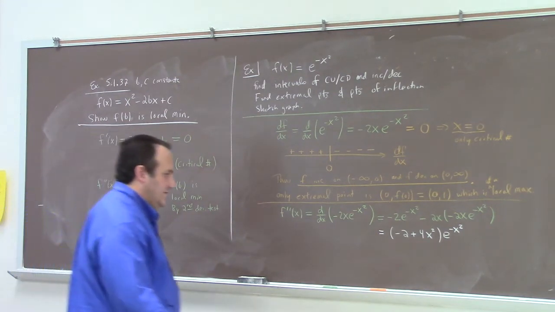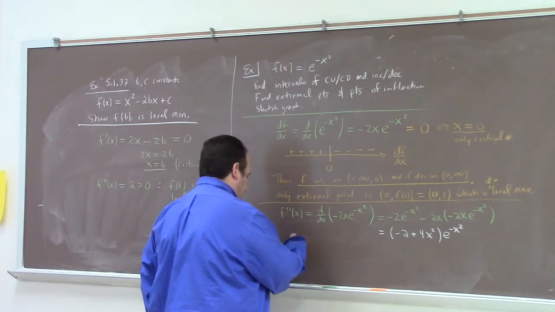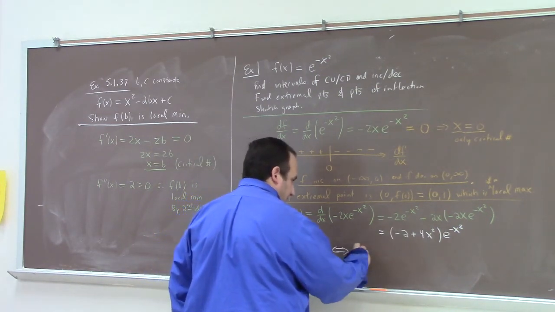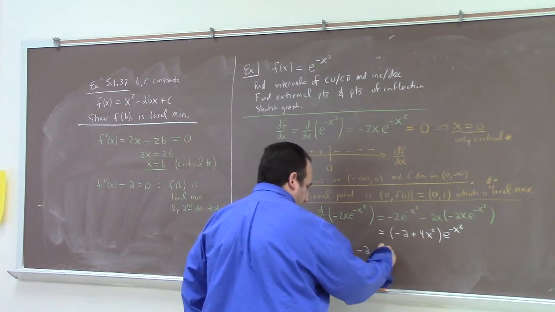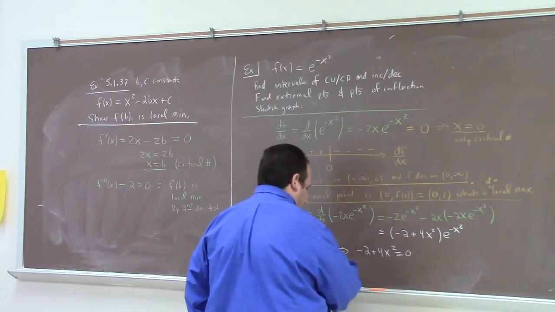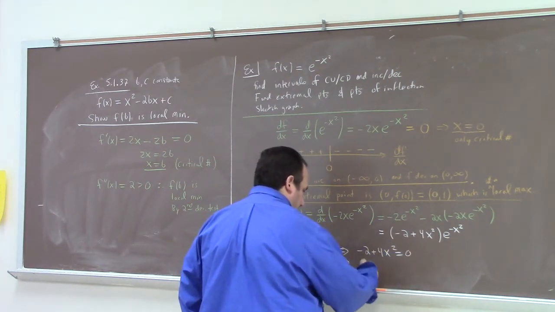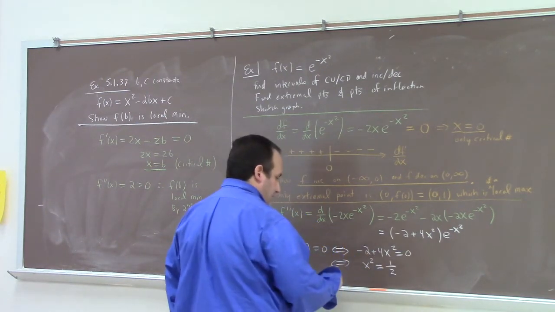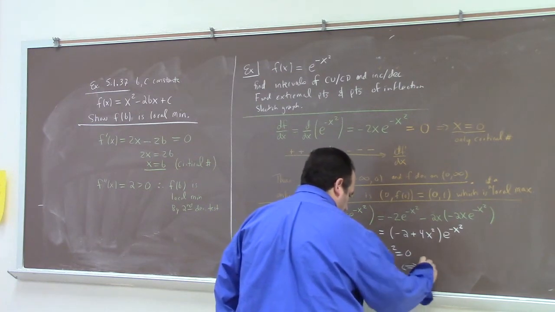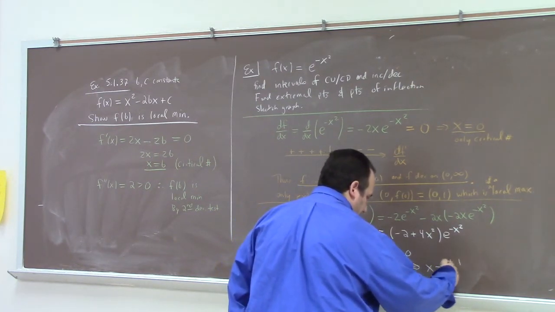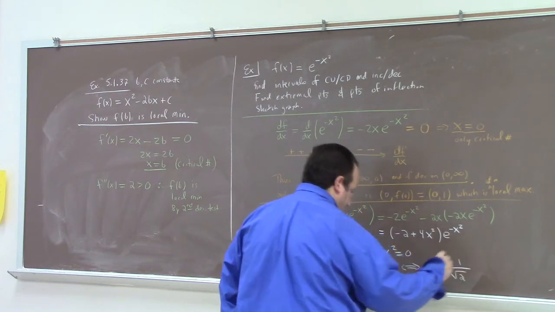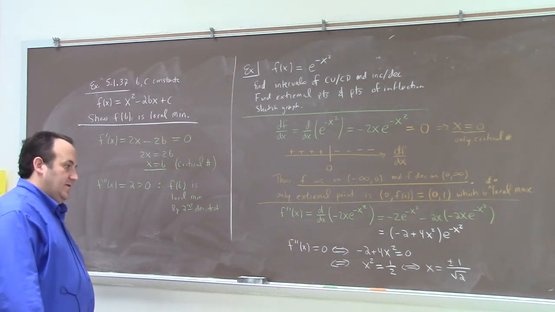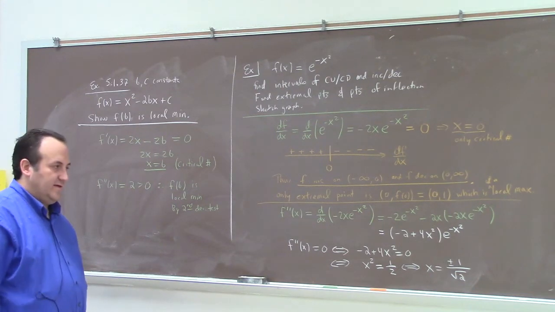So this says f prime prime of x equals 0 if and only if minus 2 plus 4x squared is equal to 0, which is true only if x squared is equal to 1/2, which is true when x is equal to plus or minus 1 over the square root of 2. So those are my possible points of inflection.